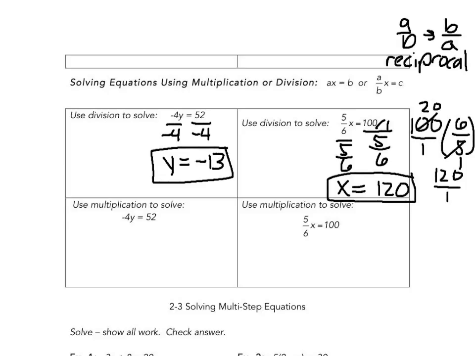Now notice in the bottom part of this table they have the same equations. But here, you're going to use multiplication to help you solve instead. Using this concept of multiplying by the reciprocal, the reciprocal of negative 4 over 1 is actually 1 over negative 4. So I do that to both sides.